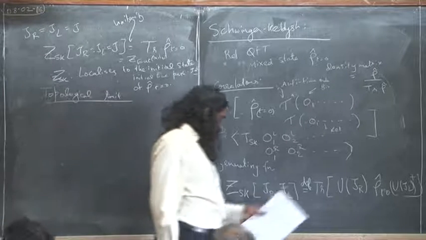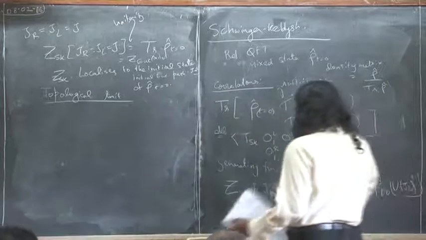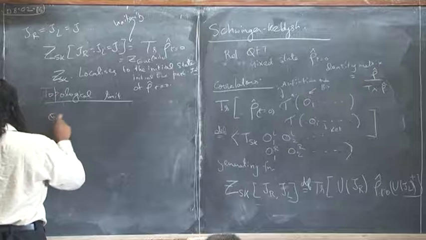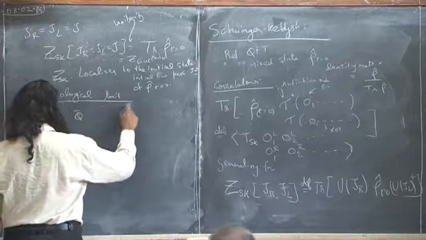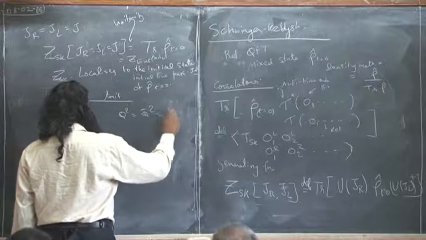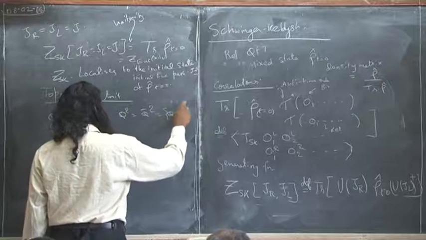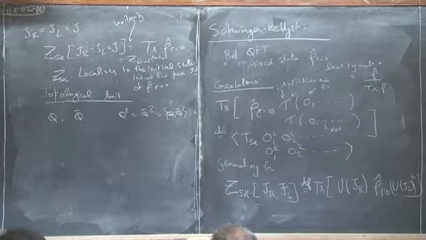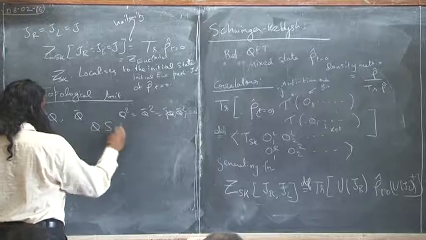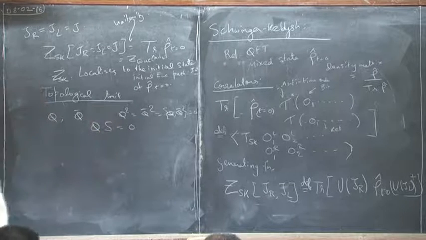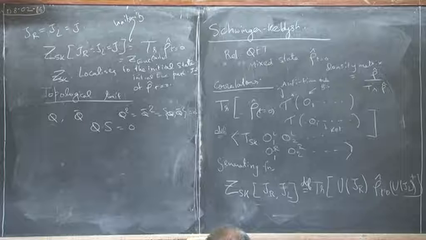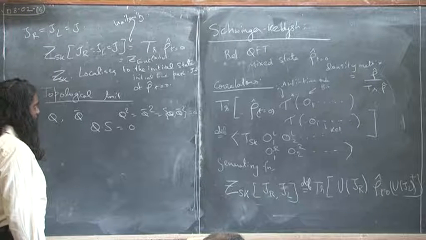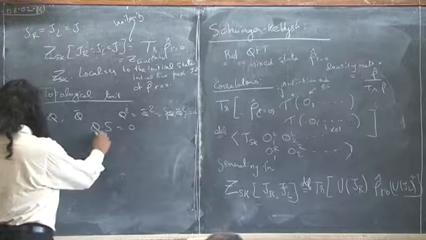One way this is realized, for example, in the Martin-Siggia-Rose kind of constructions, is that you have a Q and a Q bar with Q squared equal to 0, Q bar squared equal to 0, and Q of the action is 0. The action is Q closed.